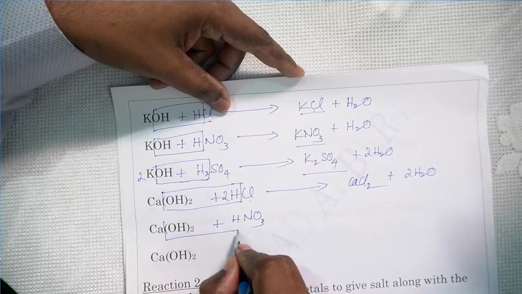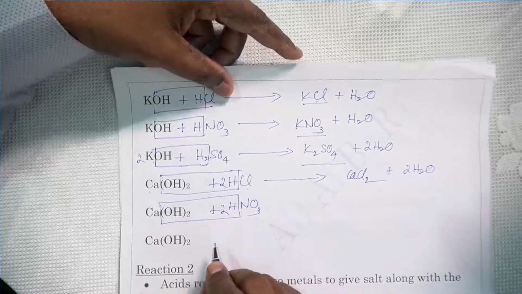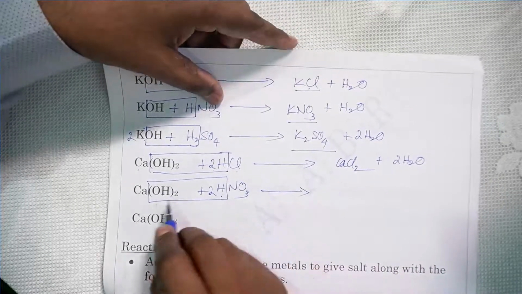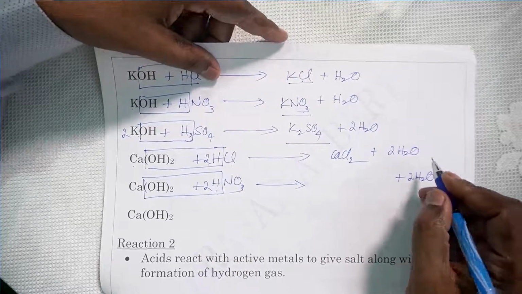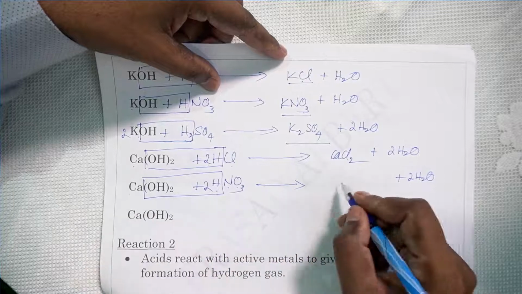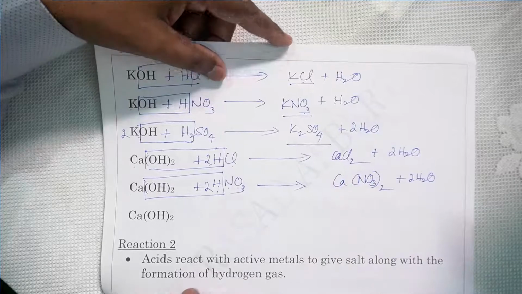With 2 OH groups, 2 HNO3 is required. So you will get 2 hydrogens and 2 OH groups forming 2 molecules of water, and the remaining 2 NO3 with Ca, Ca(NO3) whole twice, calcium nitrate.